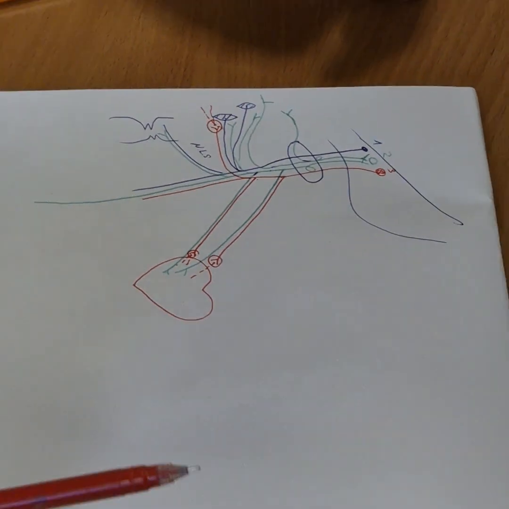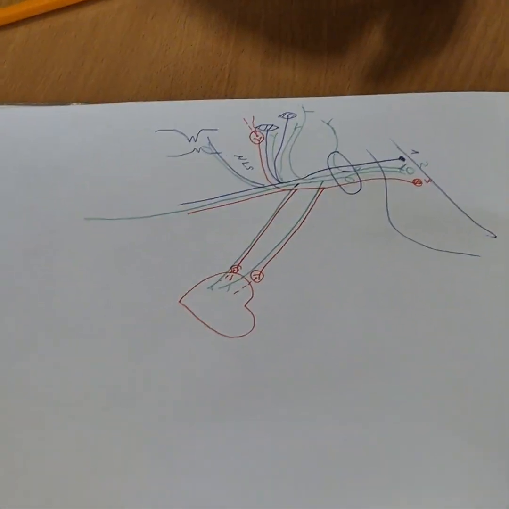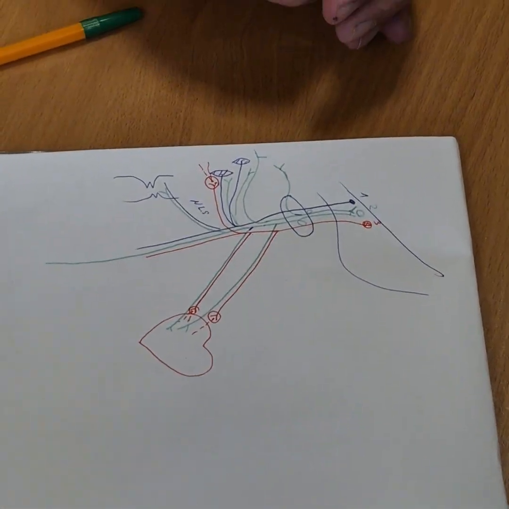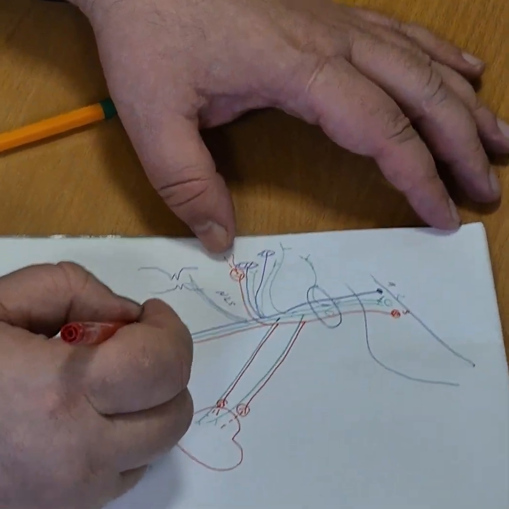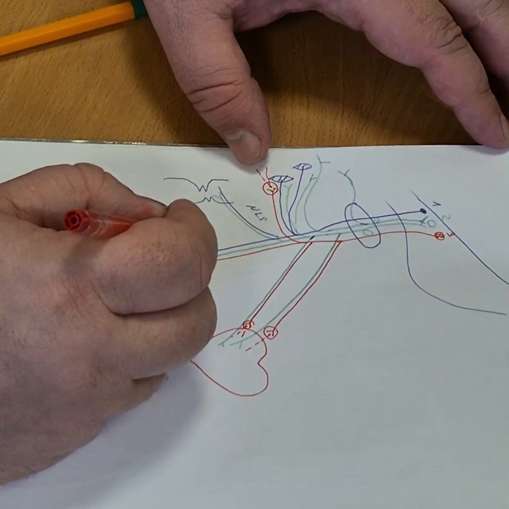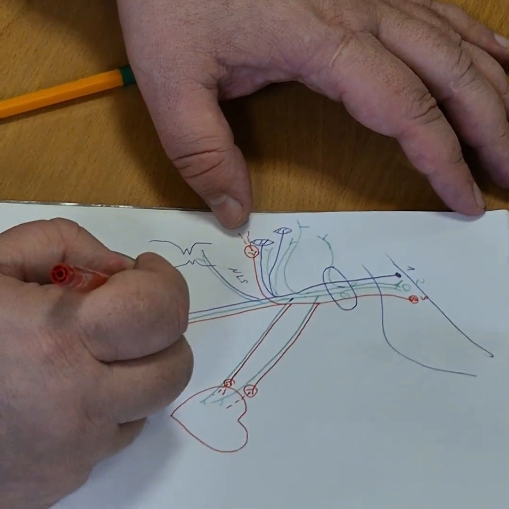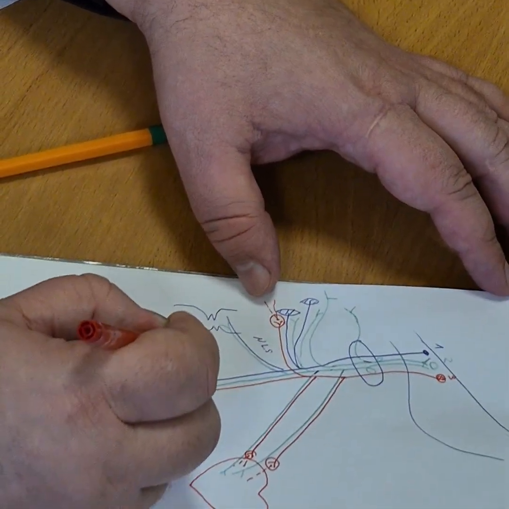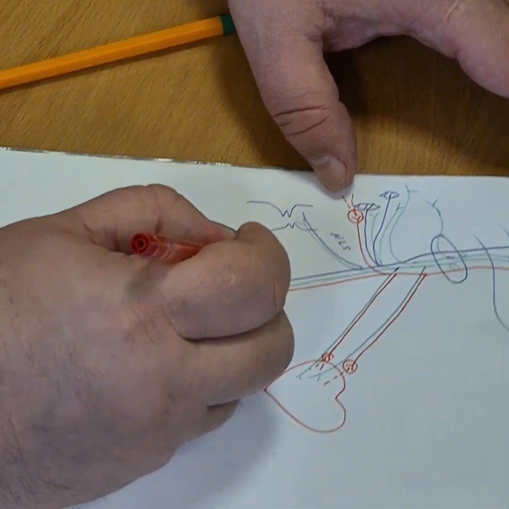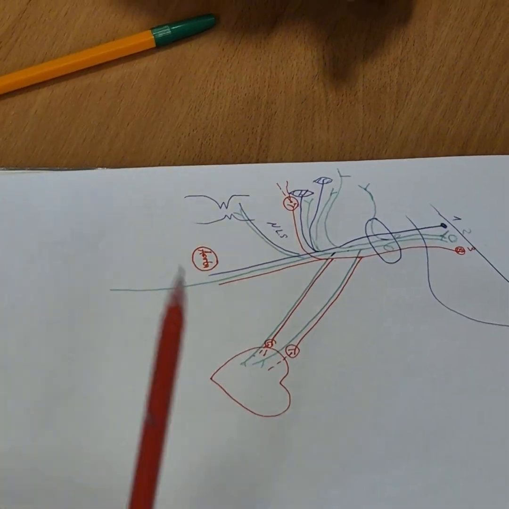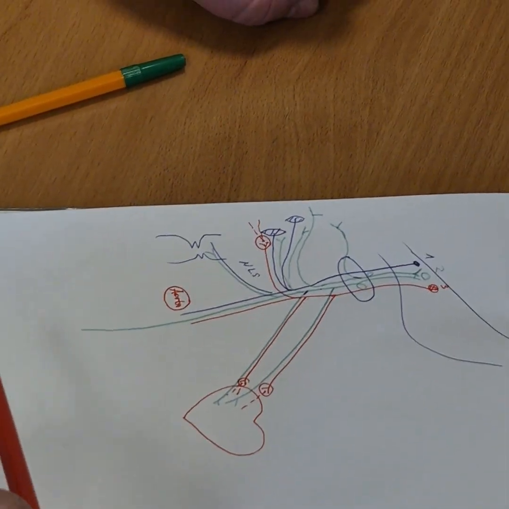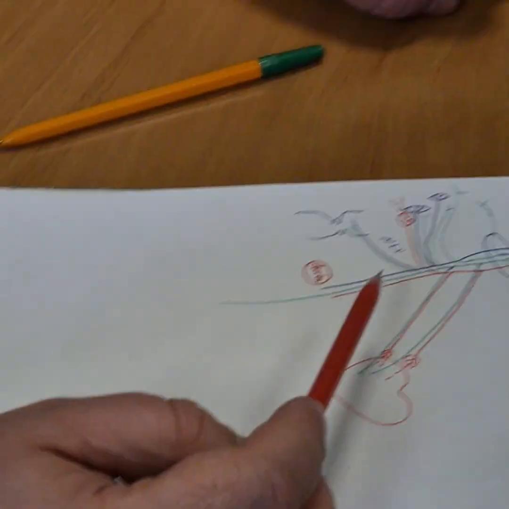After that, vagus goes into the thoracic cage. On the left side, it passes in front of the aorta. On the right side, in front of the subclavian artery.